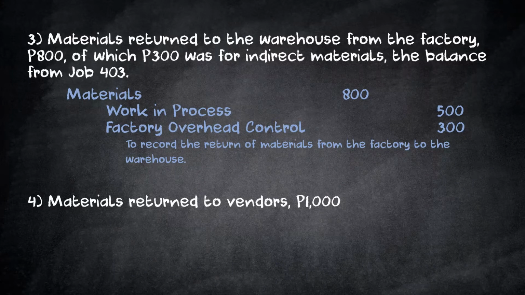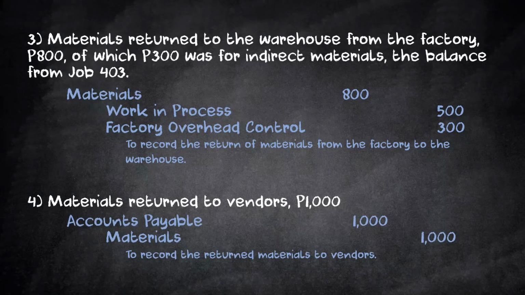Number 4. Materials returned to vendors, 1,000. So, nagbalik ulit naman tayo ngayon ng materials, pero ibinalik natin sa pinagbilhan natin sa ating supplier. Ang ating entry for this is, ayan, of course, we will debit accounts payable for 1,000. Bakit? Babayaran mo ba kung ano ang hindi sa'yo? Hindi, di ba?